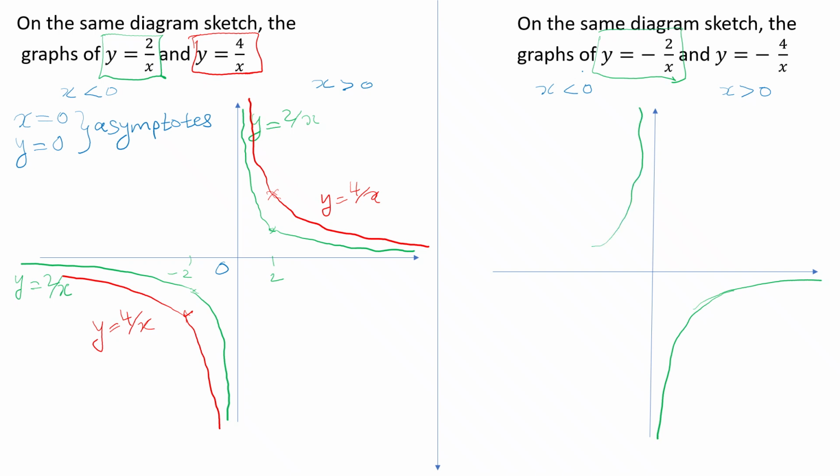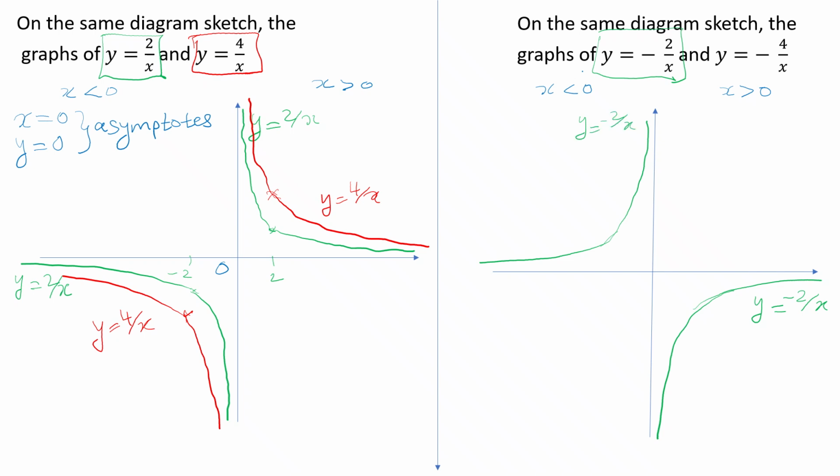So like this way, but never touching the x-axis and y-axis. So y equals -2 over x.